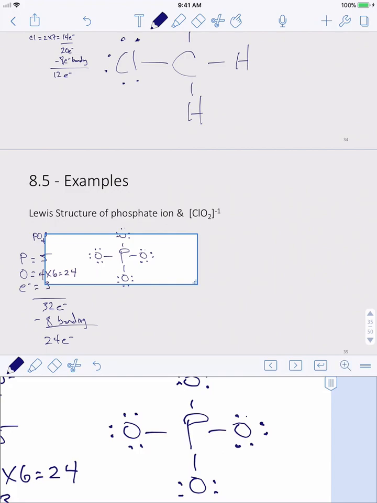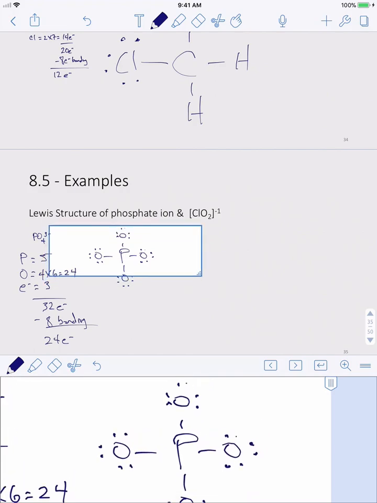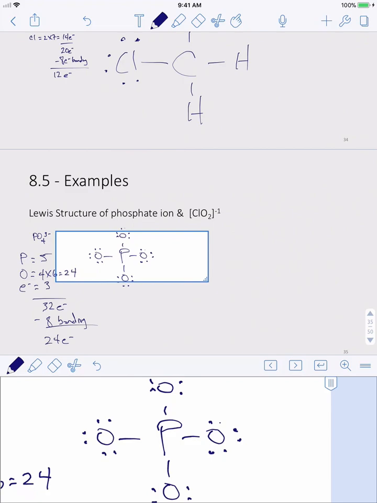Okay, so we have all of our electrons now distributed to our molecule, and now we check for an octet, and everything here has either non-bonding and bonding pairs that add up to a total of 8, so everything has an octet.